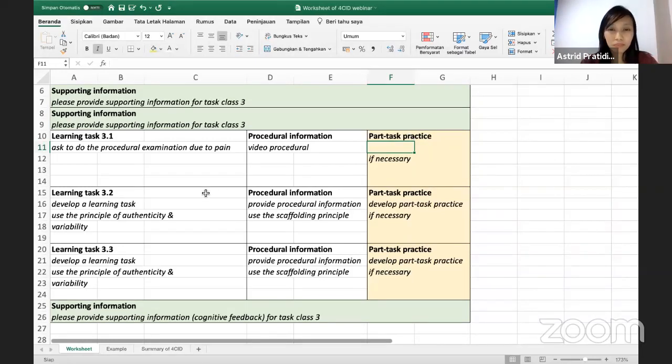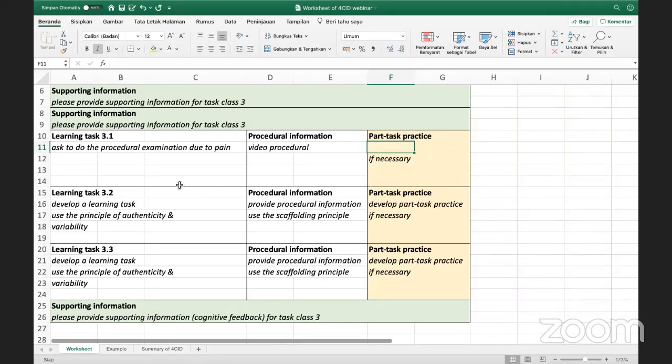I try to make this learning task 3 with my group, but I only have 3 persons in my group, and the others cannot read the Excel. So I try for the learning task 3.